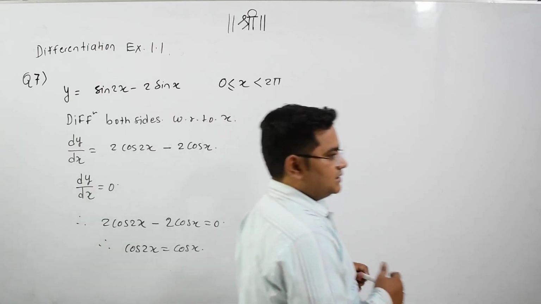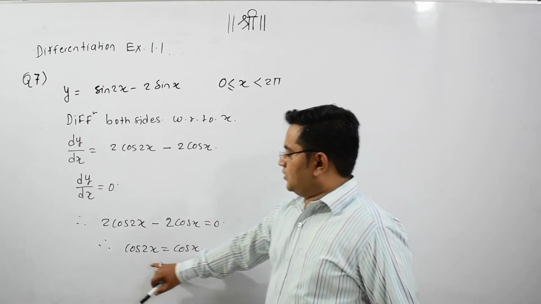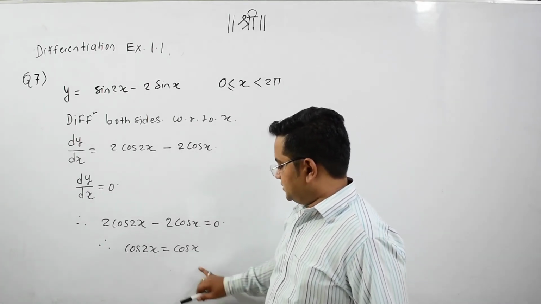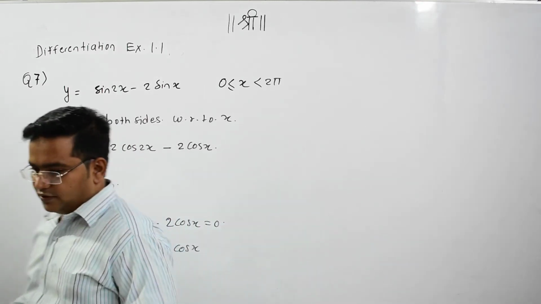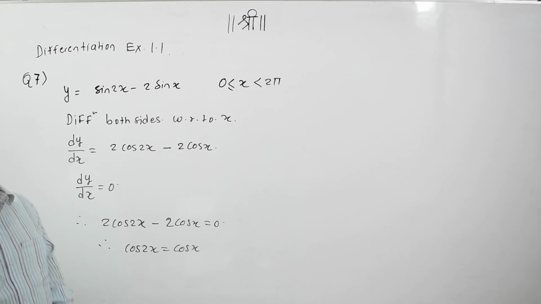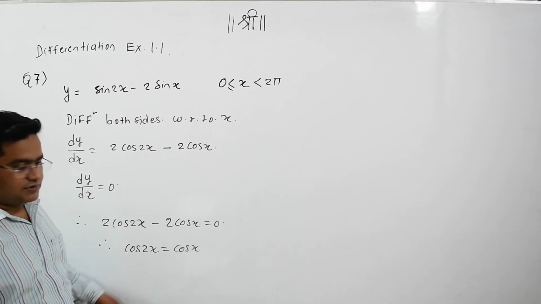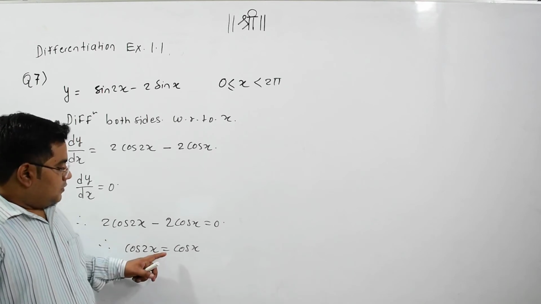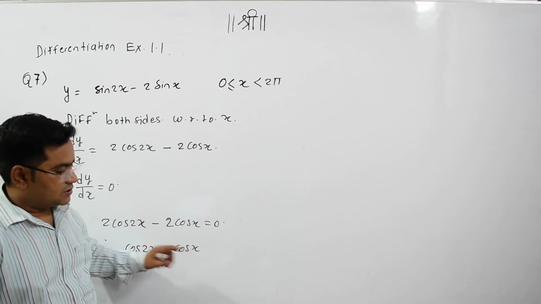Now any guess regarding this? This cos 2x is equal to cos x. How is it possible, sir? We should have some values regarding this. What are the possible values of cos x? Let's focus on it and have a guess.